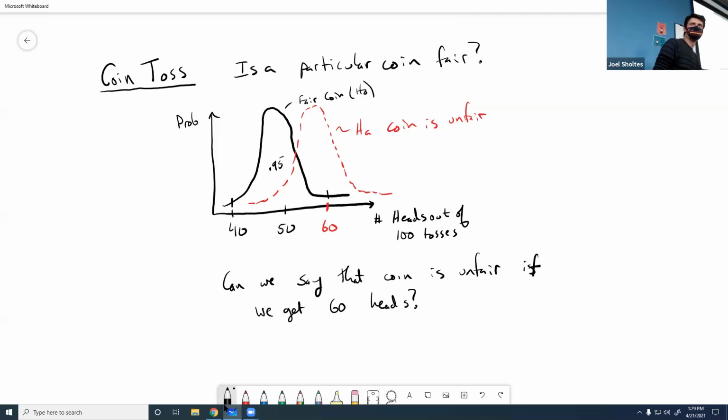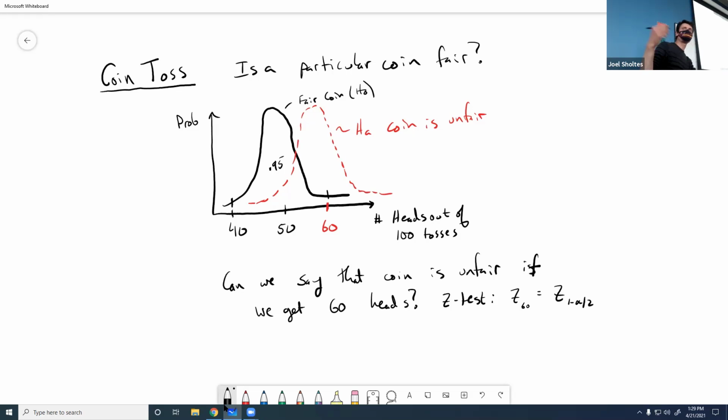Based on the z-score or the z-test, we get the z associated with 60 is equal to z, we'll say 1 minus alpha over 2.